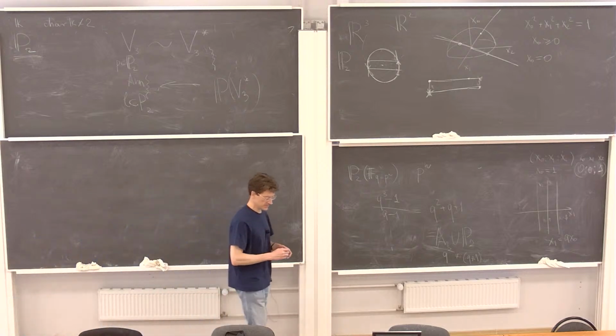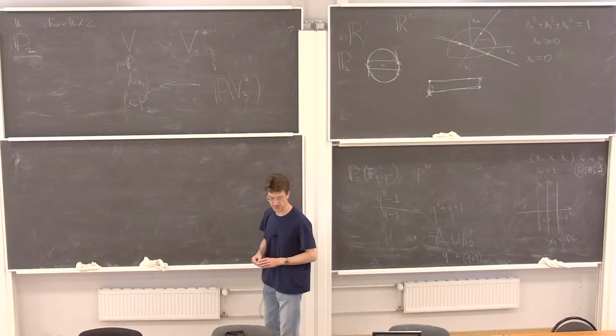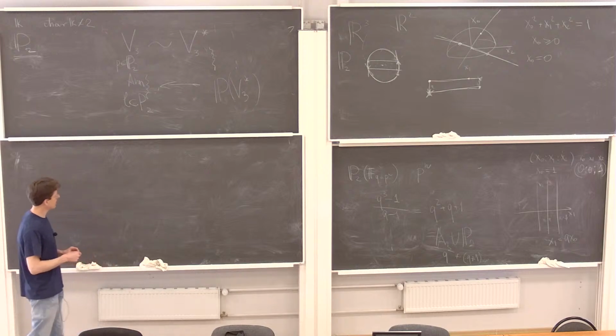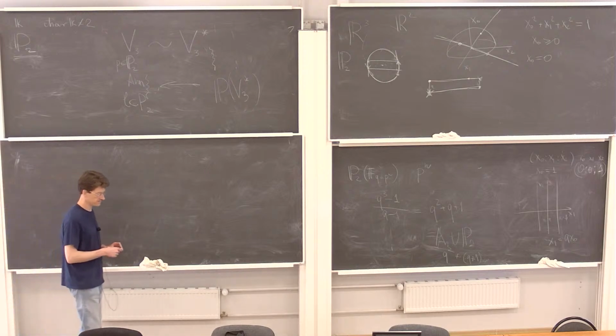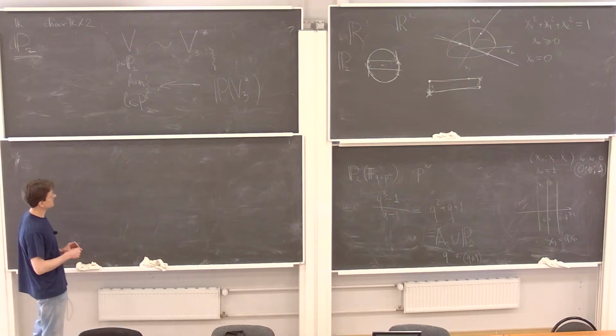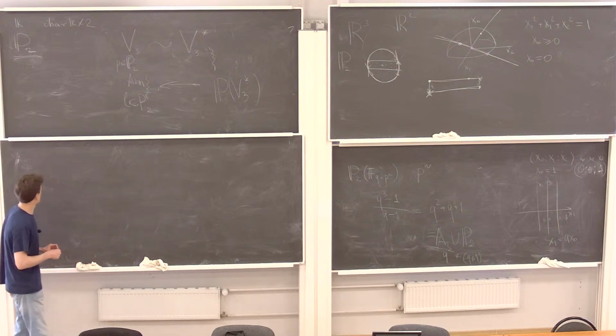Okay, so at the previous lecture we made some preliminary steps towards the notion of a compact quantum group. So we understood that a compact quantum group must be a unital C-star bialgebra satisfying some special conditions.